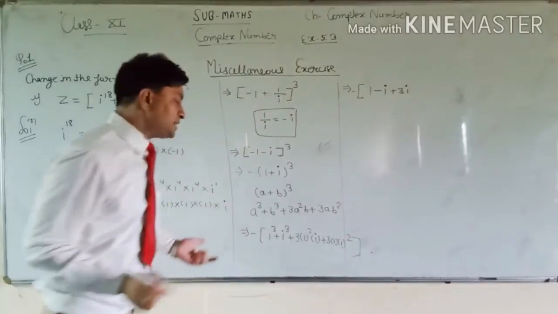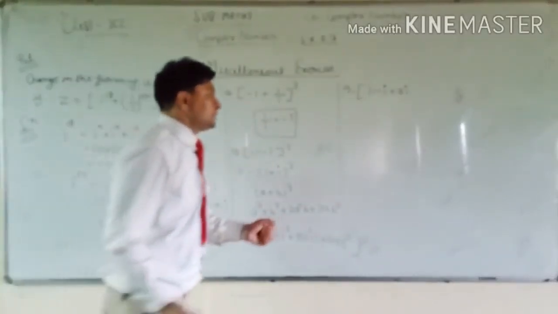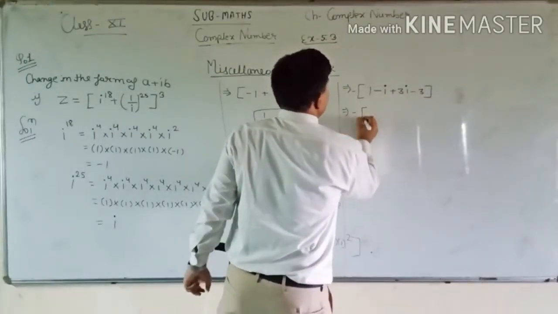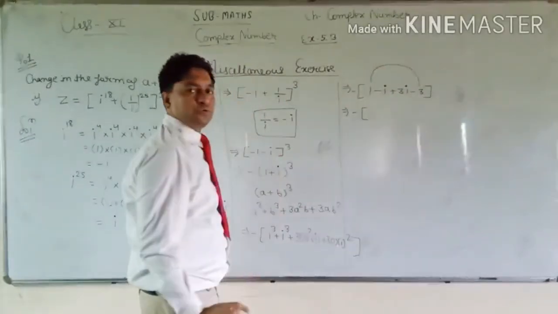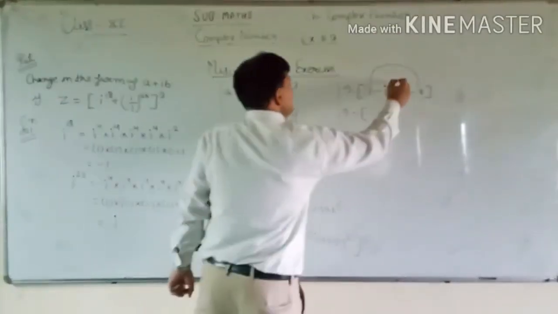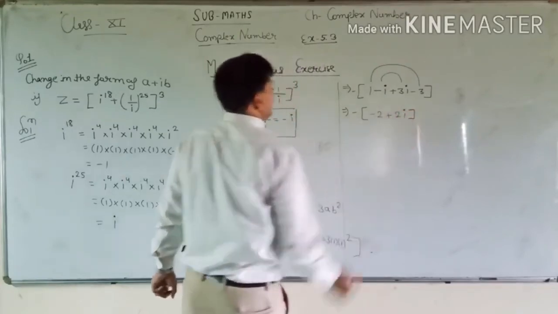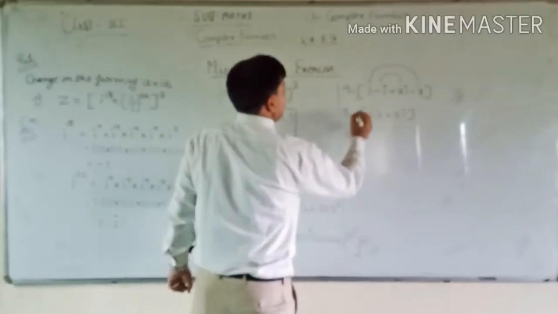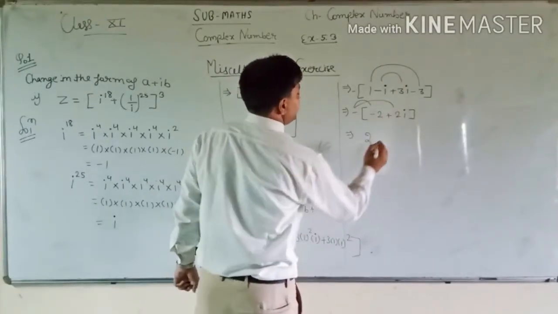And in the last, this is iota square. Iota square is equal to minus 1, so this is minus 3. Now we know that minus 3 plus 1 is equal to minus 2, and 3 iota minus iota is equal to plus 2 iota. Now we can change the sign: minus minus becomes plus, and minus plus becomes minus.